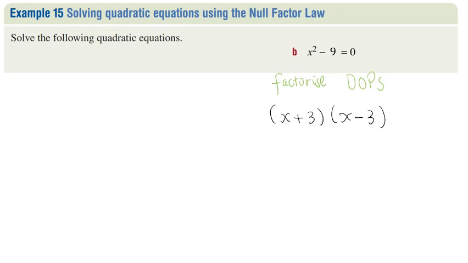Remember, we square root each part, equals 0. And then I apply the null factor law, which states that either x plus 3 equals 0 or x minus 3 equals 0. Then the last step is I solve for x using my inverse operations.